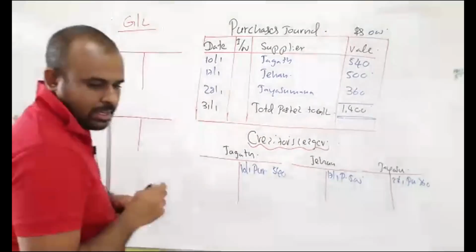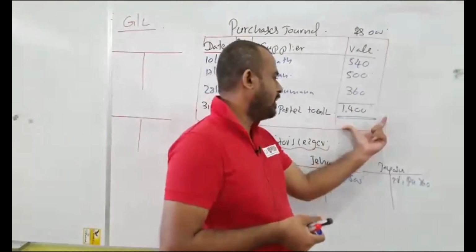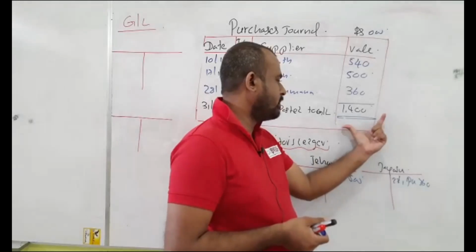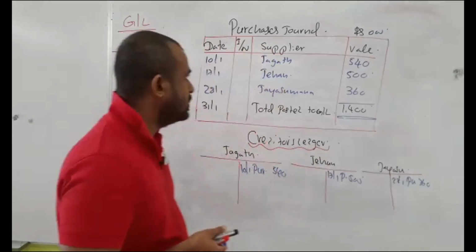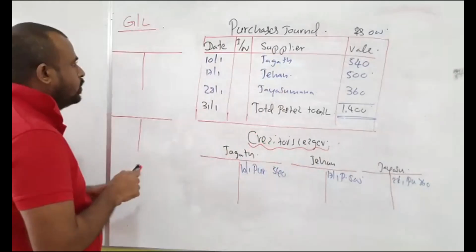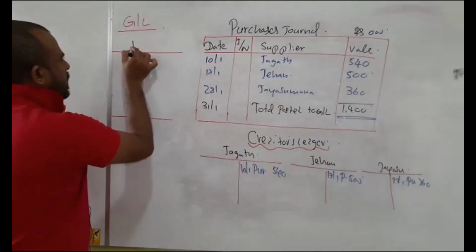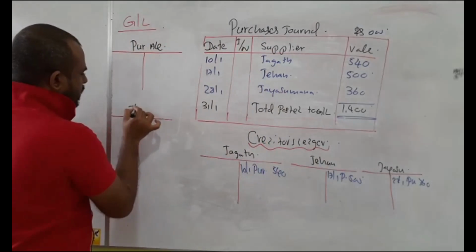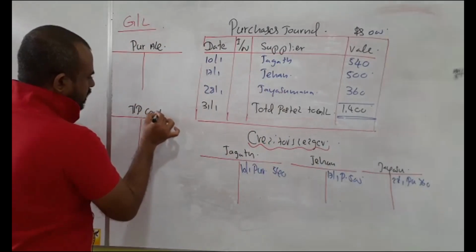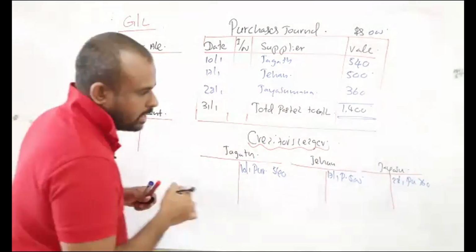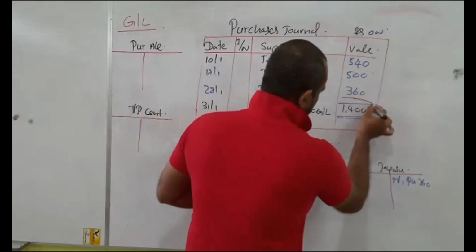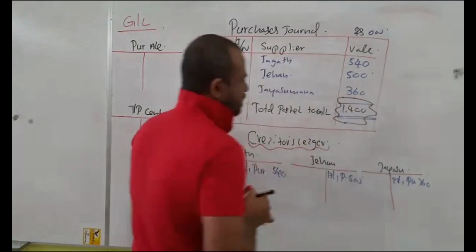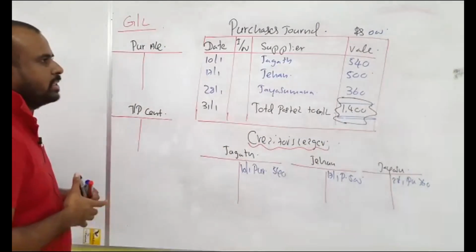Right. Tell me, what are the two ledger accounts that you want to maintain when copying the purchases journal to the ledger? One is the purchases account, the other one the trade payable control account. This is 1,400, the total of the purchases journal.